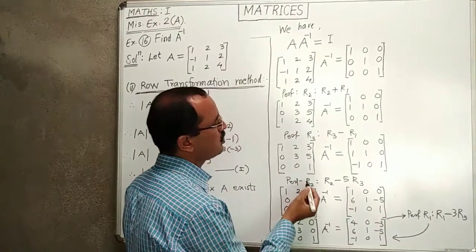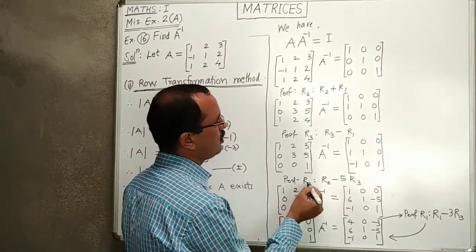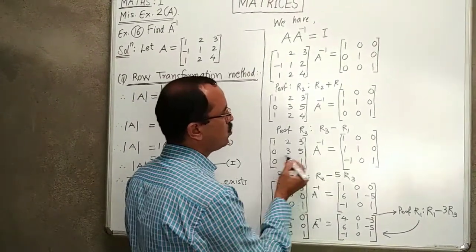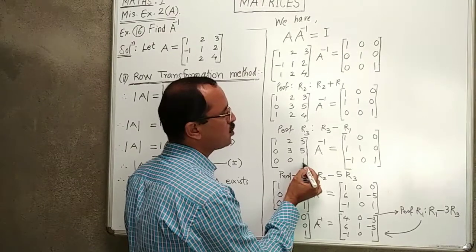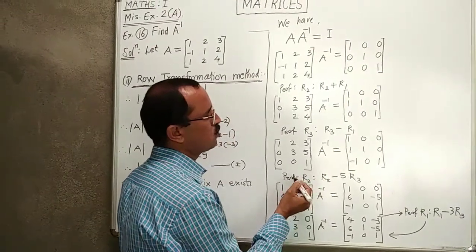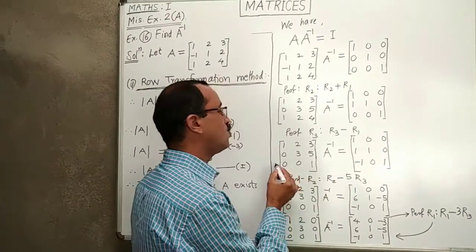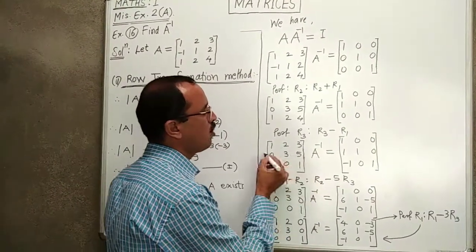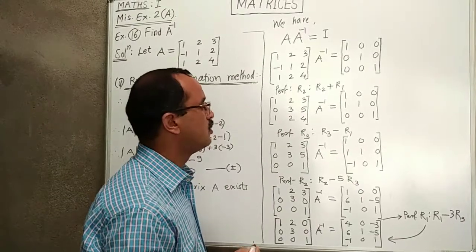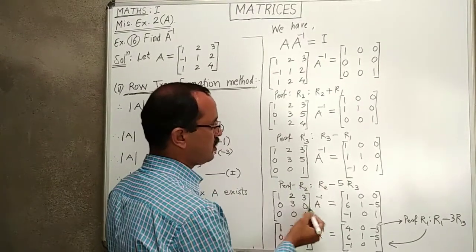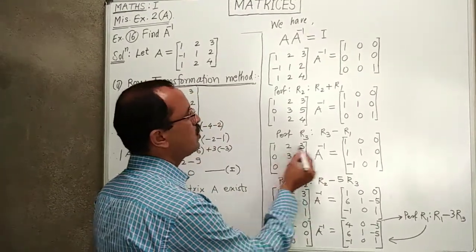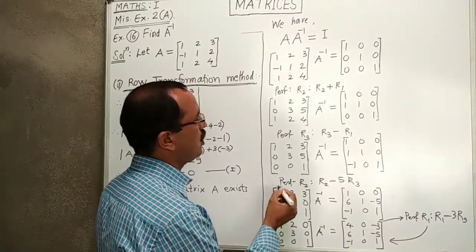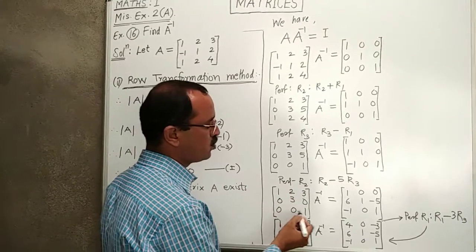So I write the transformation performing R2, means we change R2 in such a way that R2 minus 5 into R3. So we multiply row R3 by 5 and then subtract from R2. So we get a new matrix, where R1 and R3 remain in the same position. That is R1 is 1, 2, 3, R3 is 0, 0, 1.